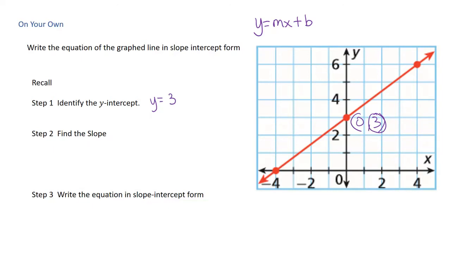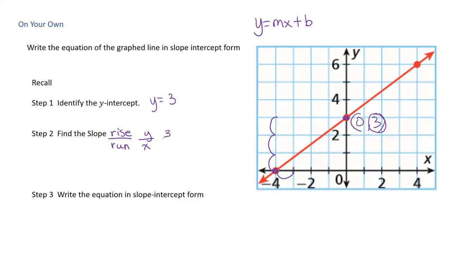So let's pick two points. Let's pick negative 4, 0, and 0, 3. Remember, slope is the same as rise over run. It's the change in y over the change in x. So the change in y, let's go this way first: 1, 2, 3.